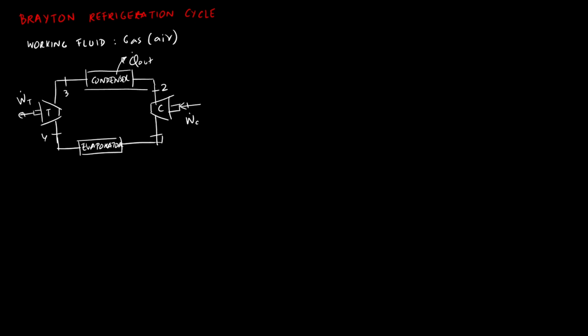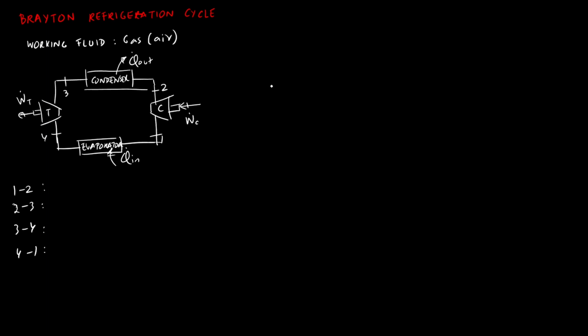Again, at constant pressure, we're going to have heat addition that's going to take place here. That's Q dot in. So you've got process 1 to 2, 2 to 3, 3 to 4, and 4 to 1 that need to be analyzed.